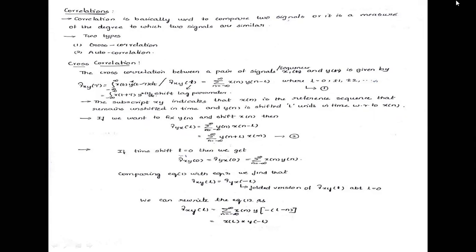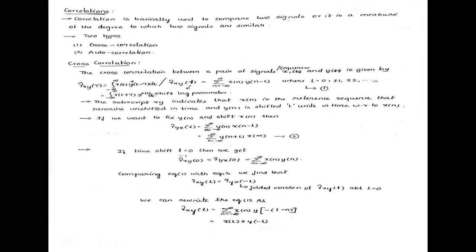And how can we measure that between the two signals? By using two types: one is cross correlation and the other one is autocorrelation. Cross correlation is between a pair of signals or sequences.